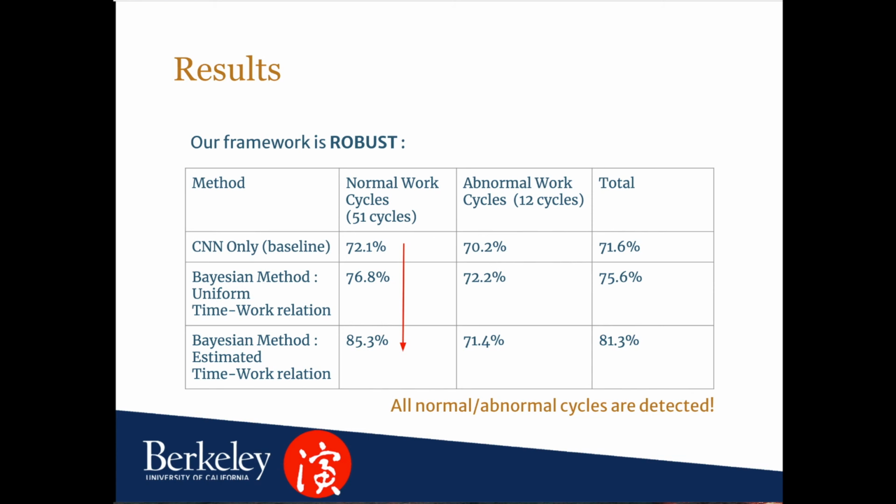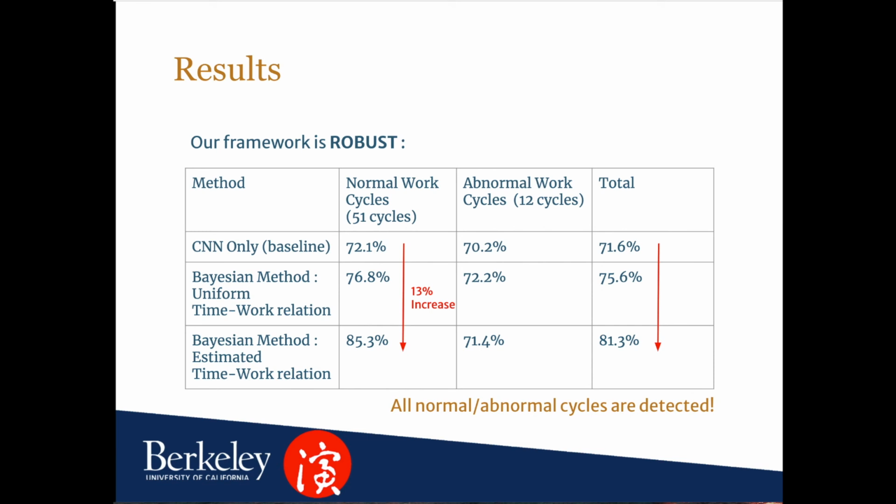If we change the relationship to a more realistic one, we will have around a 13% increase in total for normal work cycles. However, we don't have significant improvement on abnormal cycles because that violates our assumption for the model.